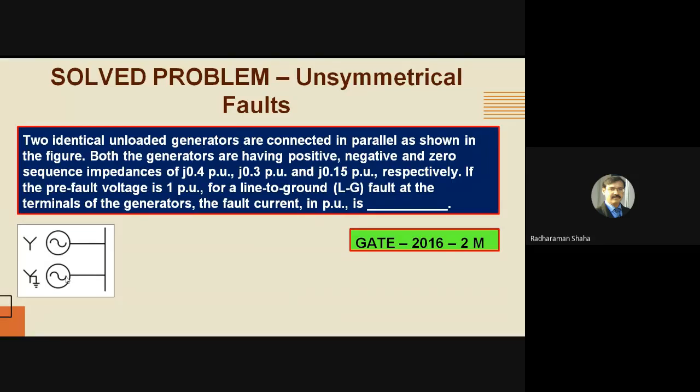That means both generators are identical in nature. What do we mean by identical in nature? It means everything will be the same for both generators. Their MVA rating will be the same, their impedance rating will be the same. Only the connections are different, as given here.